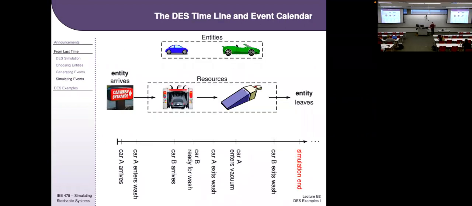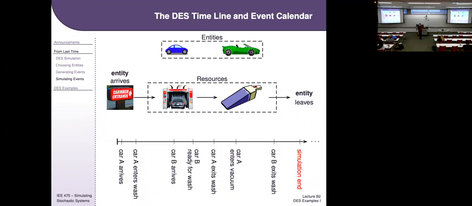All right, I'm not going to step through this example again, but this is where we ended last time, the car wash example. Our goal in doing discrete event system simulations is to have a method where we define activities and how processes relate to each other, and then we let the computer go and generate an output, a timeline that looks like a plausible timeline of events that could have occurred.